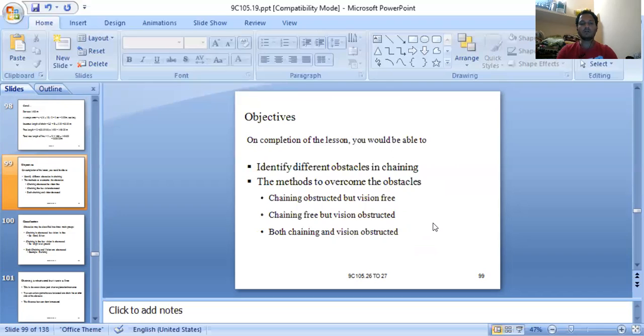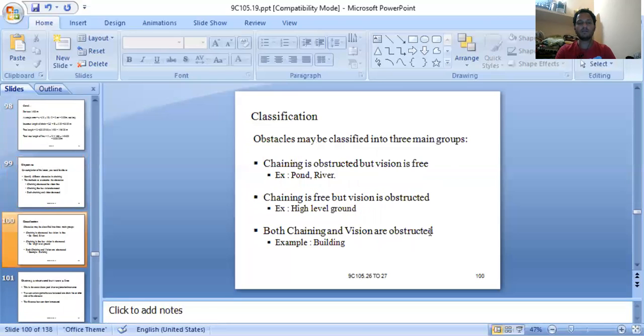So there may be a hill in between 2 points where we can lay the chain, but we cannot see the points from one point to another. Both chaining and vision obstructed means, suppose there is a building in the chain survey, which means we can neither lay the chain nor observe the points from each other. So these are the examples. We will discuss one after another.